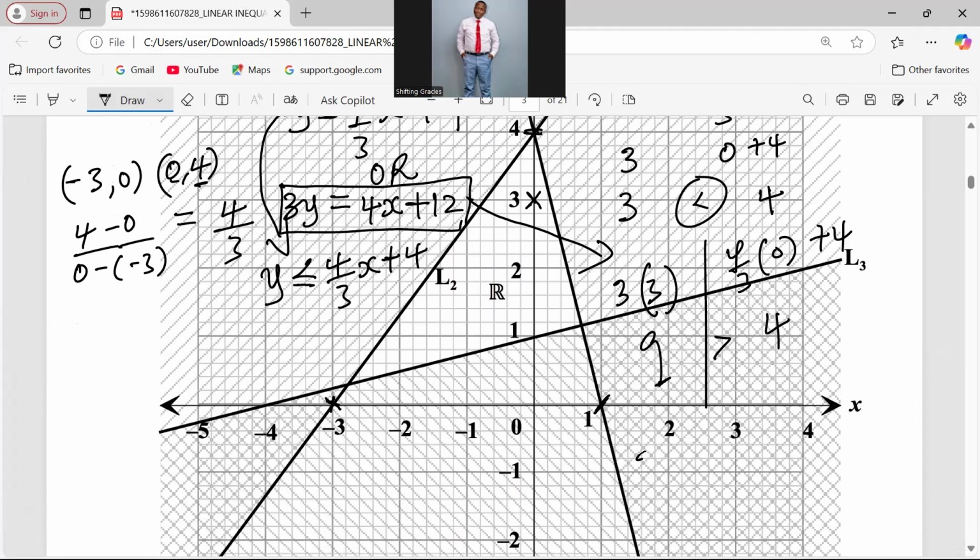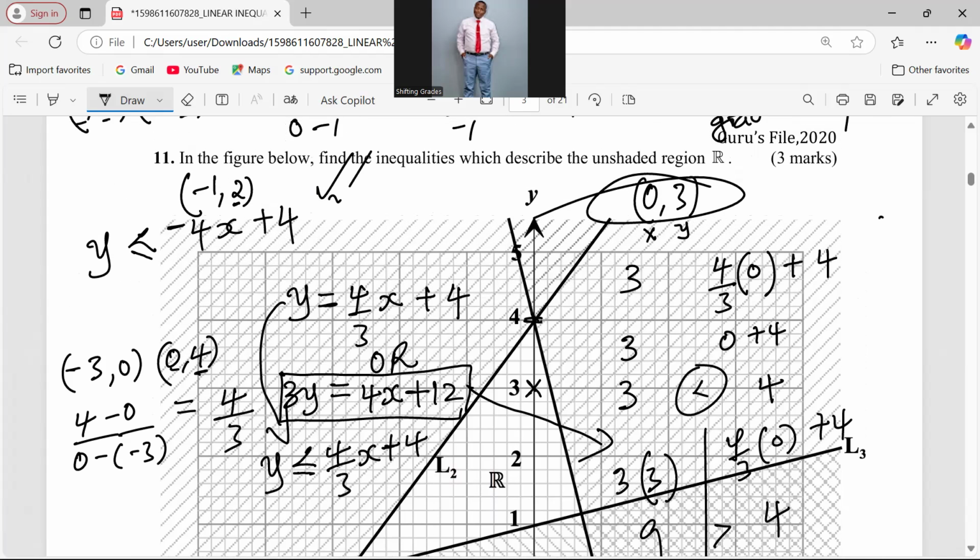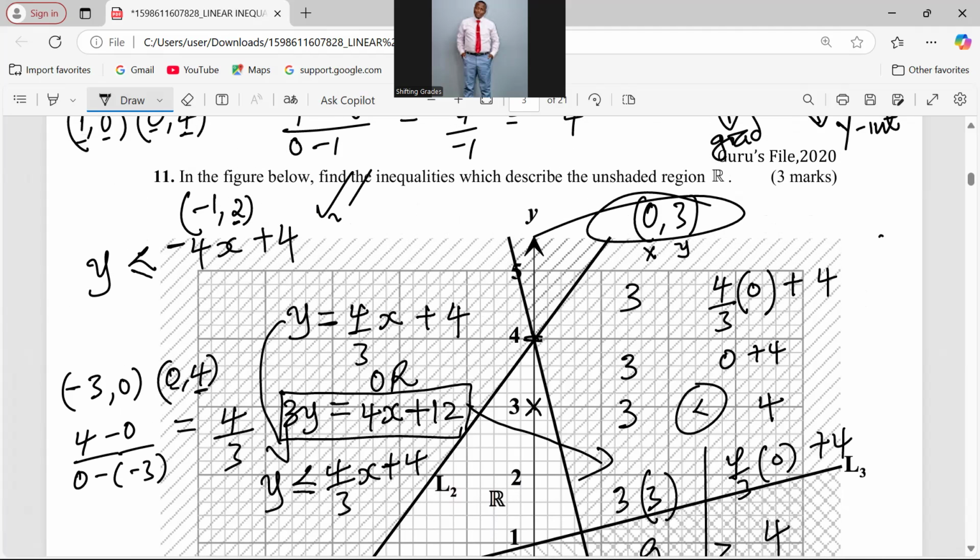So it will be 3y greater than or equal to 4x plus 12. So that is simply how we're supposed to identify the symbol to be used.